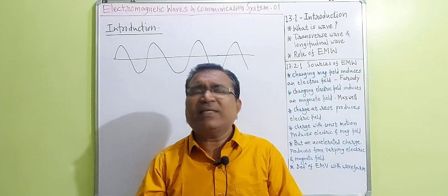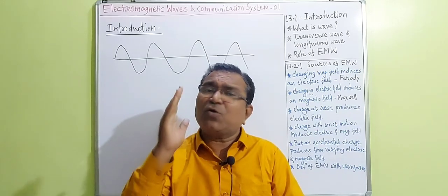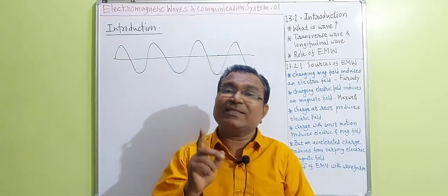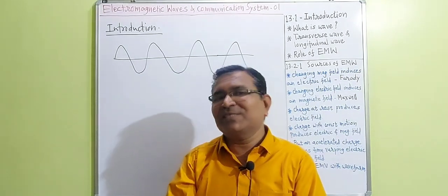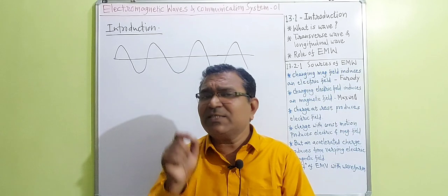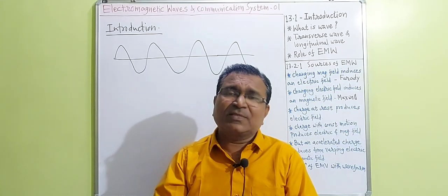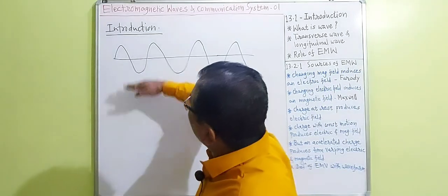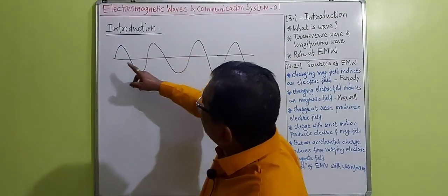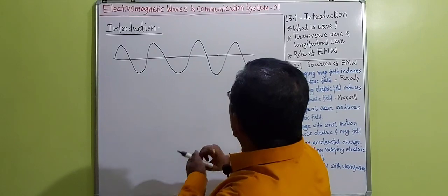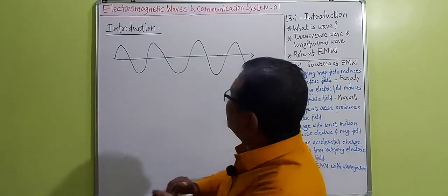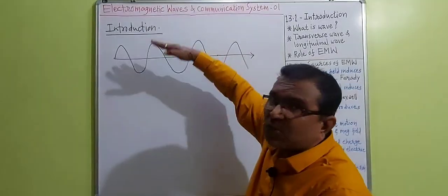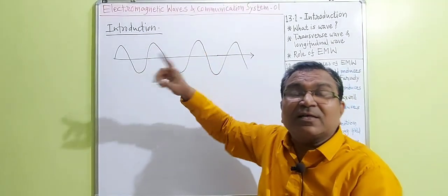There are two types of waves that we have already learned. The first is the transverse wave and the second is the longitudinal wave. What is a transverse wave? A wave in which the vibrating particles of the medium are perpendicular to the direction of propagation of the wave. Suppose this is the direction of propagation of the wave. Particles of the medium are oscillating up and down.